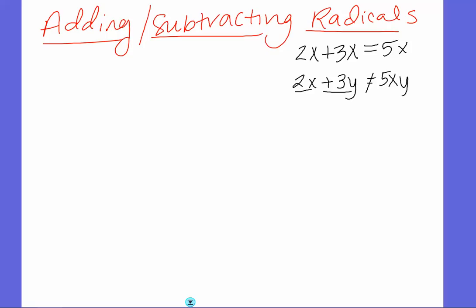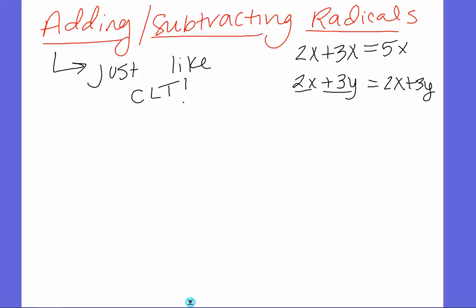So if I had 2x plus 3y, my answer would just be 2x plus 3y. So adding and subtracting radicals is just like combining like terms.